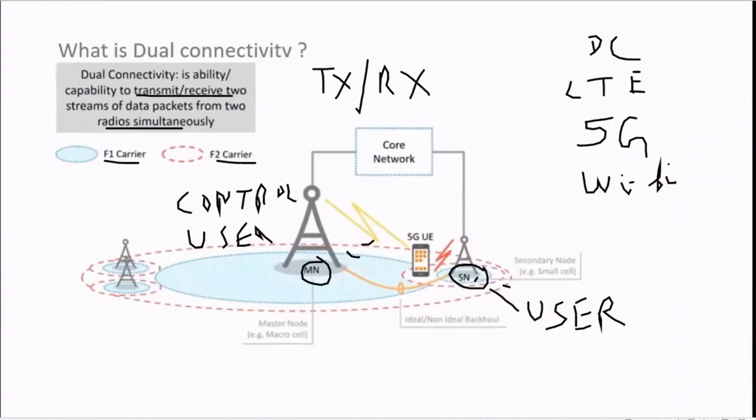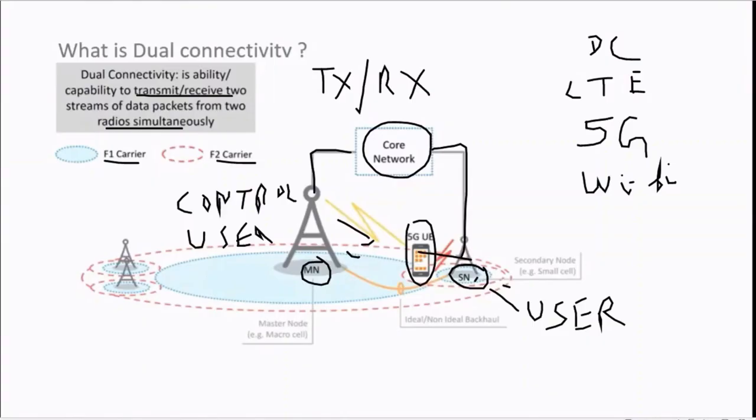In addition to that, you can see here my core network. My core network is connected to both the master node as well as the secondary node. And you can see here my 5G UE is also connected to the master node as well as the secondary node. Okay, so this is dual connectivity.